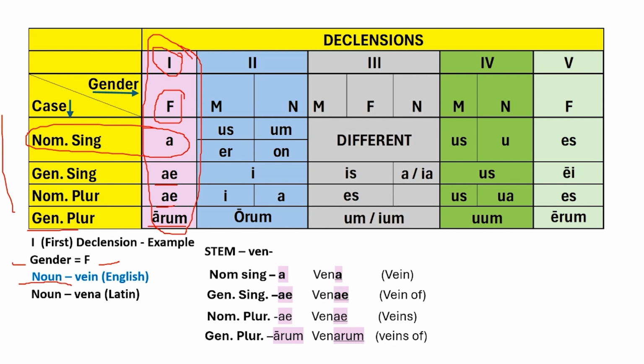Vein is a noun in English, and it carries deoxygenated blood, with some exceptions. The noun in Latin is called vena, ending in A, vena. When it ends in A, it is a nominative singular.